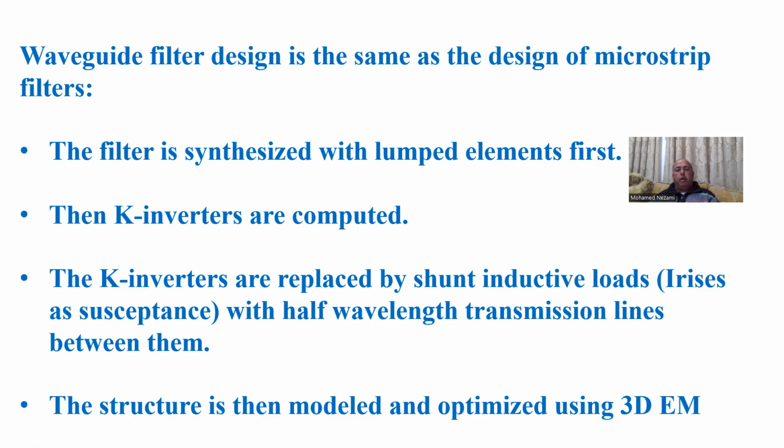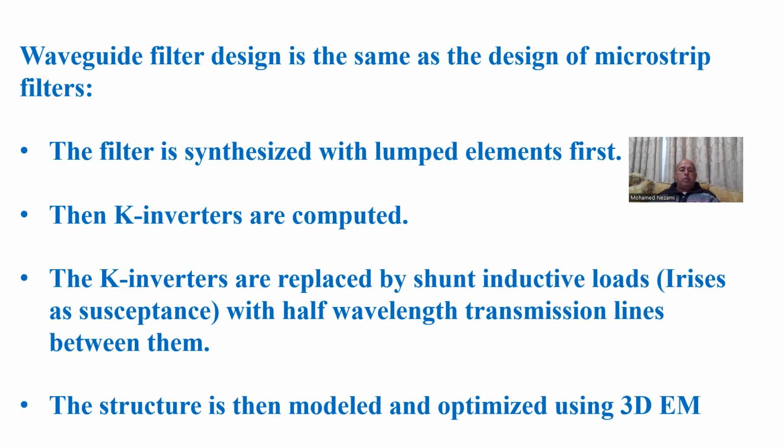And then we can compute from those the K inverters, and the K inverters are then replaced by shunt inductive loads. These are irises or susceptances, and between the two susceptances we place a waveguide cavity of half a wavelength.